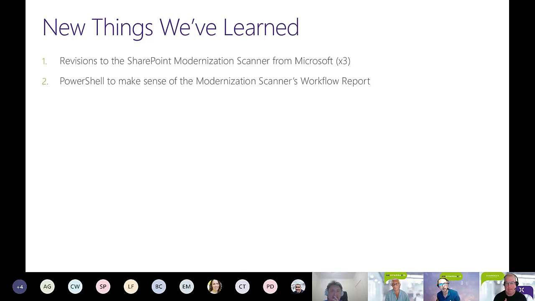But myself being a PowerShell fan, I just blogged how to use PowerShell to do that, how to only find SharePoint 2010 workflows and only find specific sites and all that. I did that for two reasons. Number one is just because I like PowerShell and it was a fun exercise. But number two, last week I was on Joel Olson's blog or video channel, and we should throw a link in here.